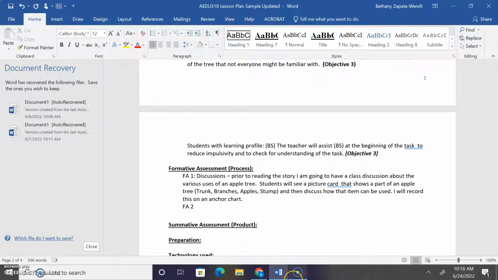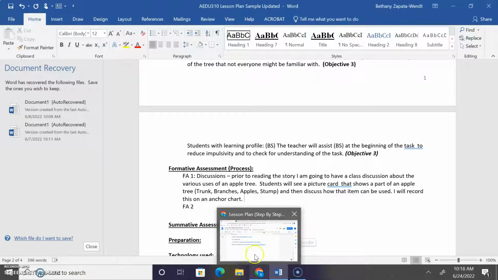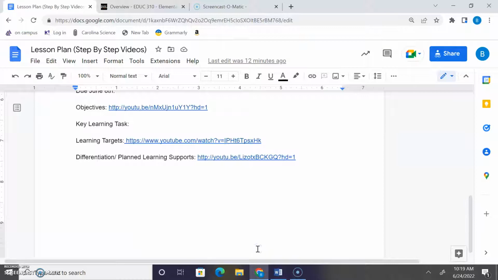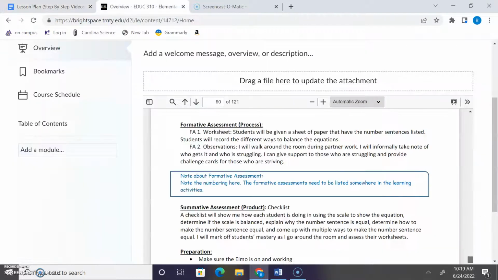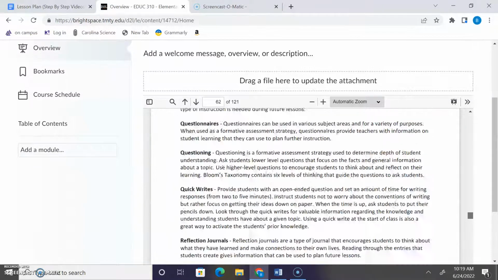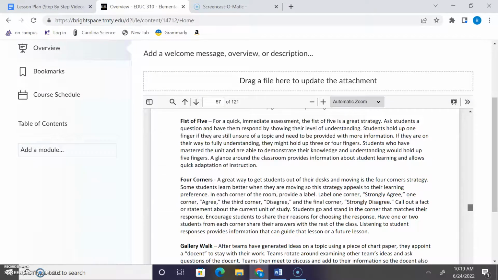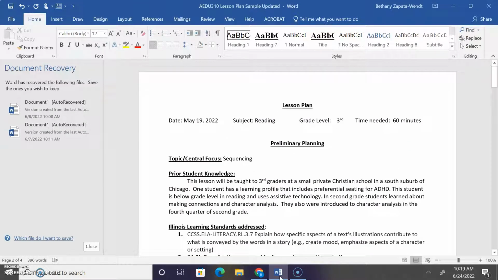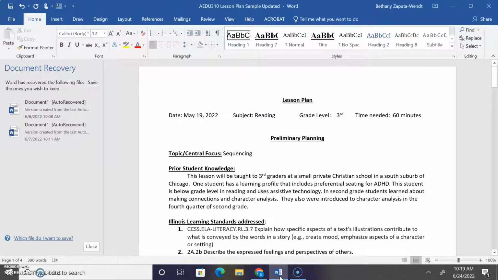Now, after they did that activity, I'm going to continue to do different formative assessments throughout. Now, if you look again, and I wanted to stress this, if you look at the beginning, my central focus is sequencing. So I am going to have them show me the different ways.